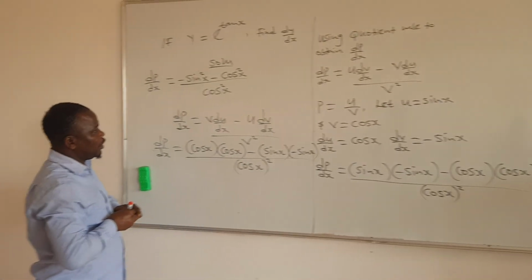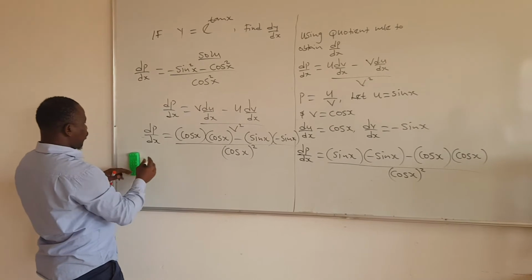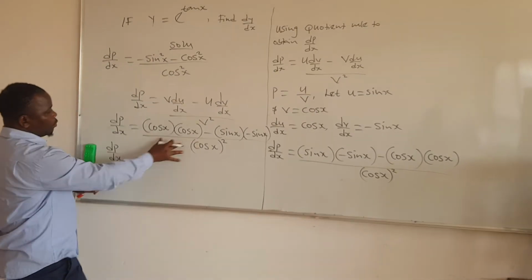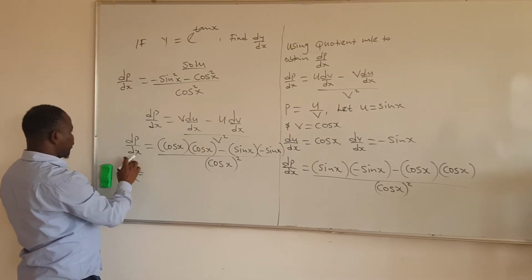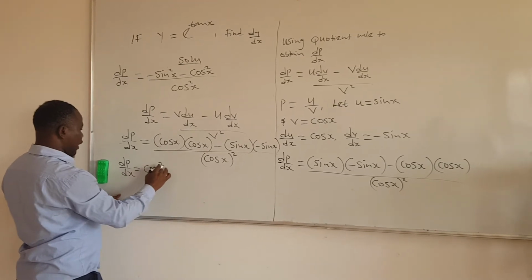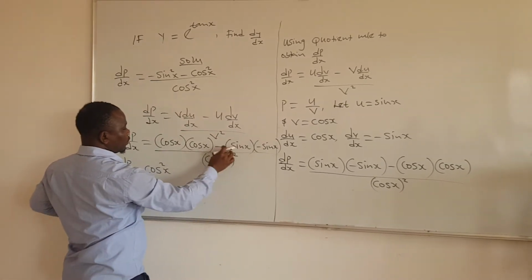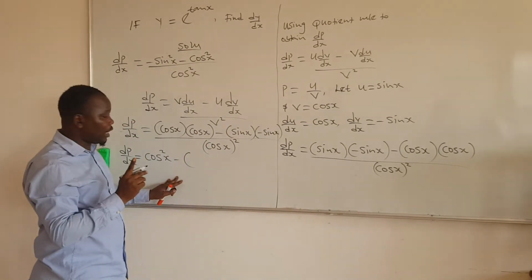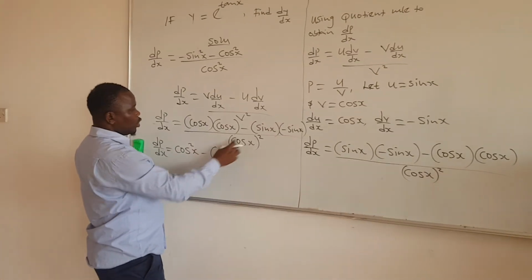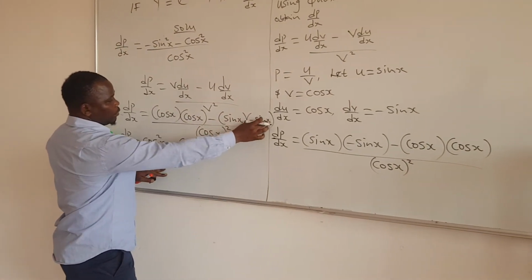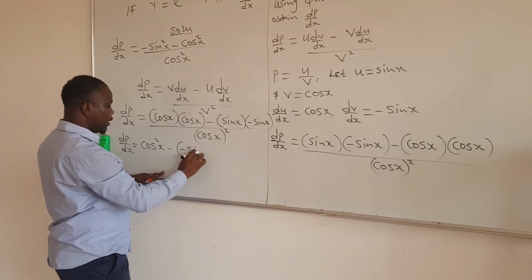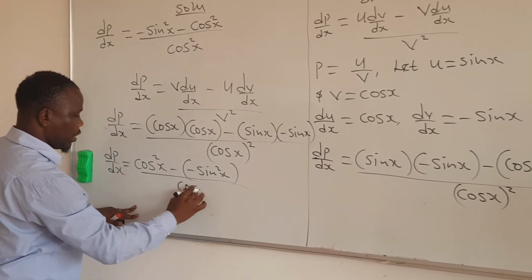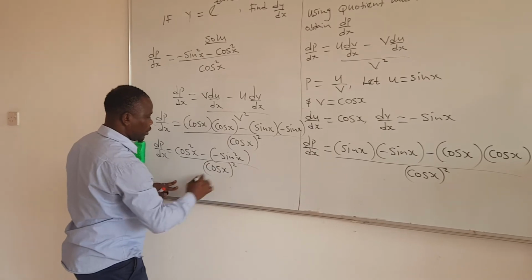Are you seeing what I am saying now? If we multiply out, because I want to do something, that is why I am introducing this one, dp all over dx will give us cos squared x, then sine x, let's bracket it first for the sake of clarity, multiplied by minus sine x, which will give us minus sine squared x, all over cos x all in bracket raised to the power of 2.